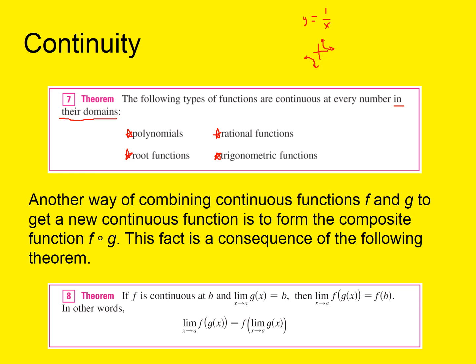So this g of x on the inside of these parentheses, as x approaches a, that g of x is approaching b. And so the limit as x approaches a of f composed with g of x equals f of b under this theorem.